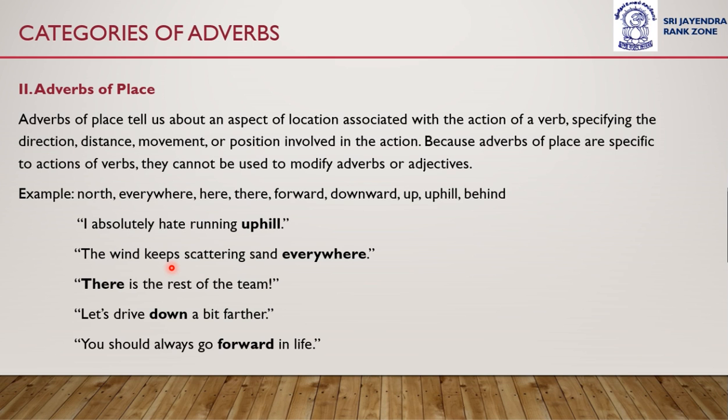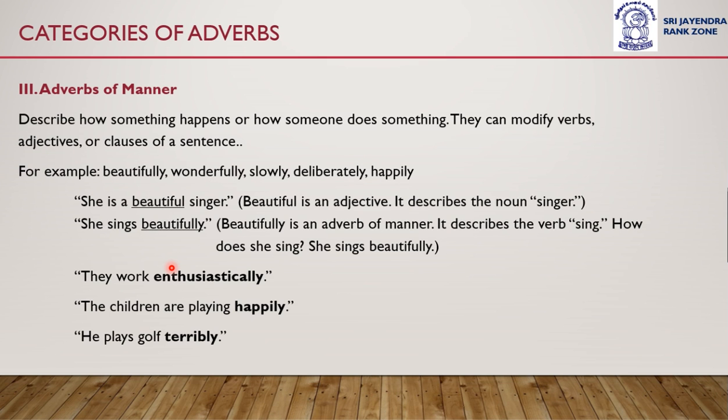Let's move on to our next category of adverbs. Adverbs of manner. Adverbs of manner describe how something happens or how someone does something. They can modify verbs, adjectives, or clauses of a sentence.